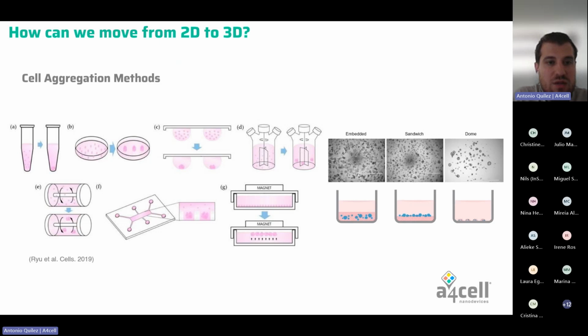You can use hanging drop methodologies, include them in bioreactors, either with shaking or without shaking, microfluidic devices, or the use of magnetic particles to help them to aggregate. Also, regarding the way of using extracellular matrices, you can either embed them in the gel, put them on top of the gels, or prepare this kind of domes that I was mentioning.